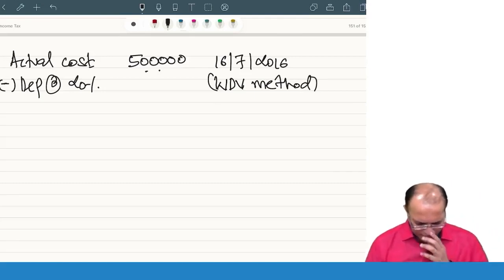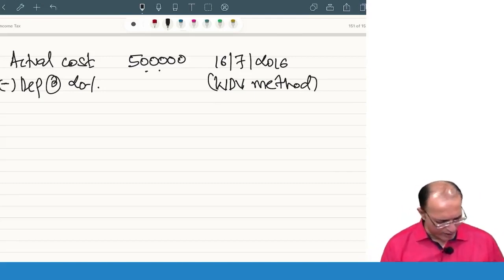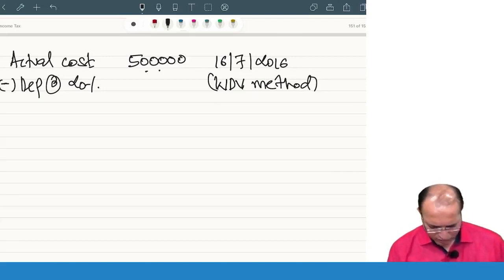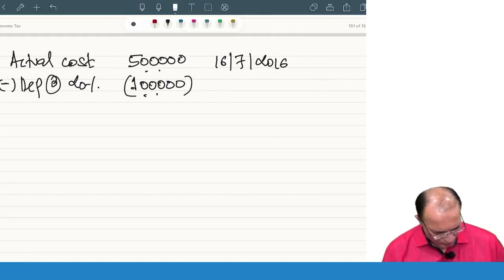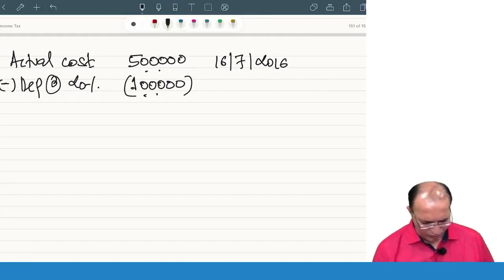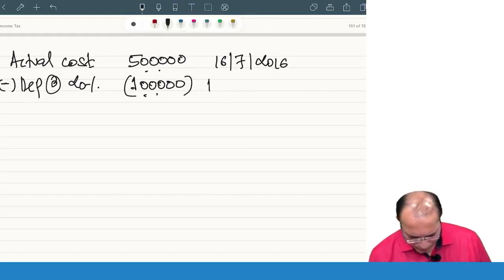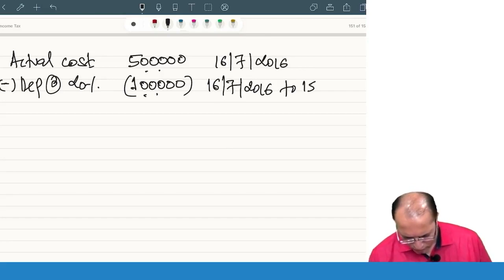So give me depreciation at the rate of 20% of 5 lakhs. That will be 1 lakh rupees. Yes or no? This is depreciation for which period? From 16 July 16 to 15 July 17.